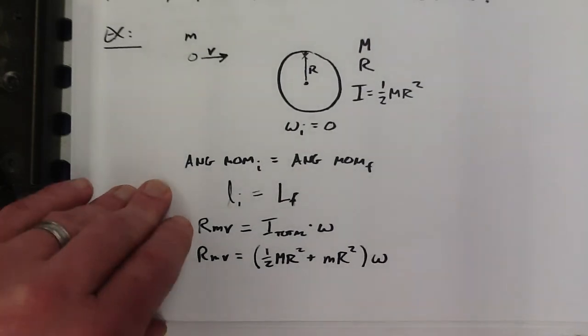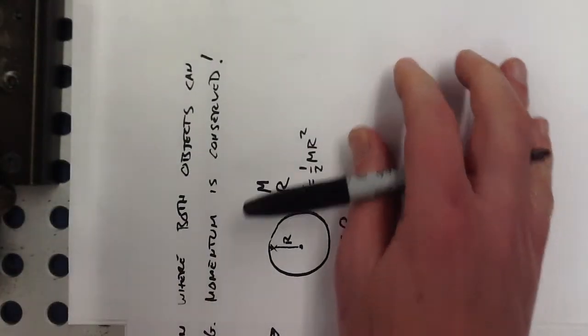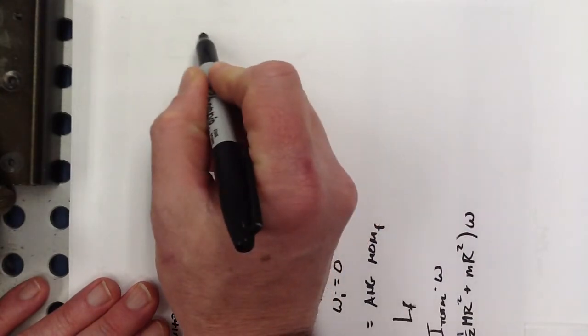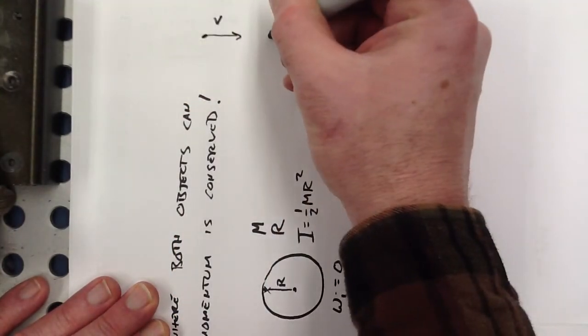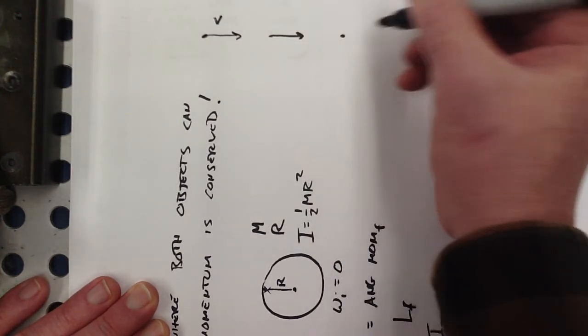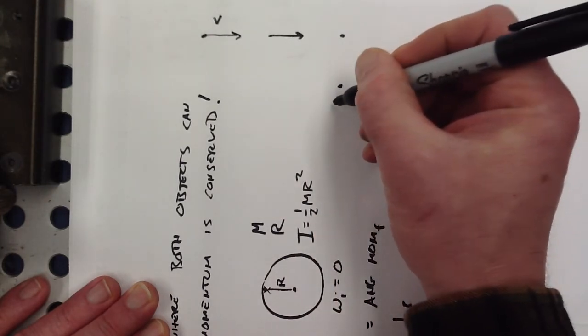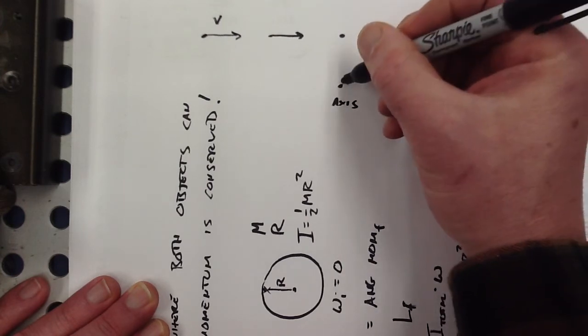And then just real quick, I don't know whether you want to include this in your notes or not, I just want to give you a quick demonstration here of the RMV, so here's the kid. As the kid runs along, I just want to show you that the RMV sine theta stays constant.